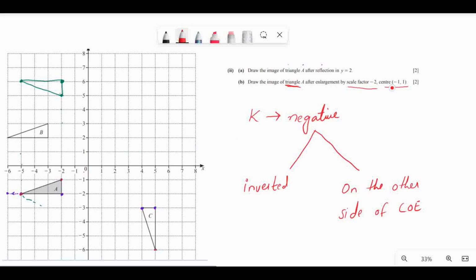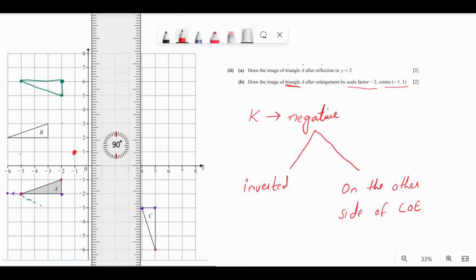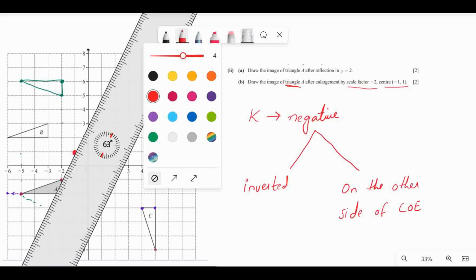Here the center of enlargement is (-1, 1). This will be the point which is the center of enlargement. The next step is that we need to use the scale, and we will make dotted lines to clearly see where our image will be.